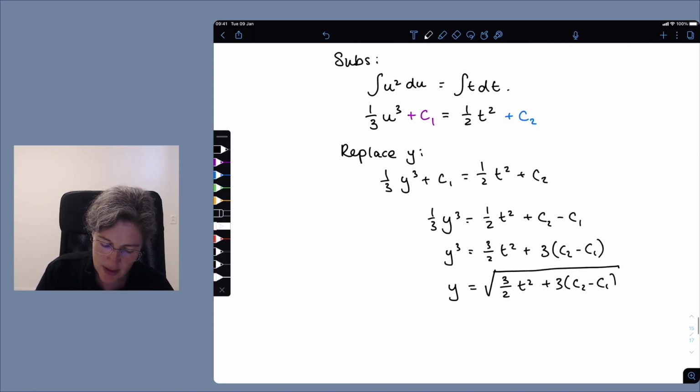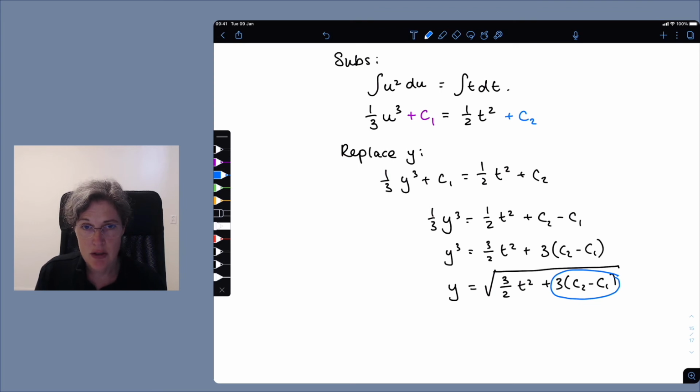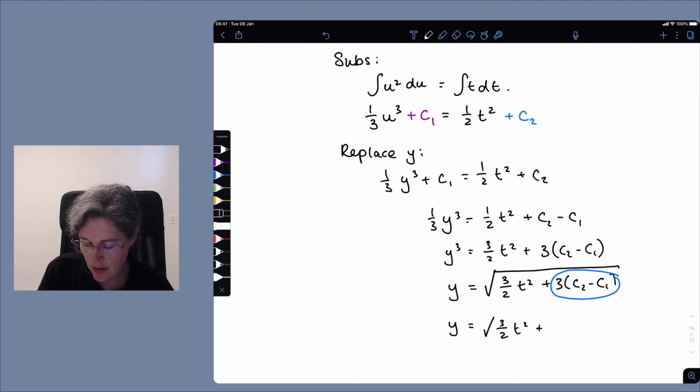And the thing to notice here is that actually this whole thing could just be replaced by a single constant, because c1 and c2 are two constants, so we could just replace it with whatever that is. So we're going to rewrite this as y is equal to the cube root of 3/2 t squared plus some c. And there's our solution. Pretty straightforward.